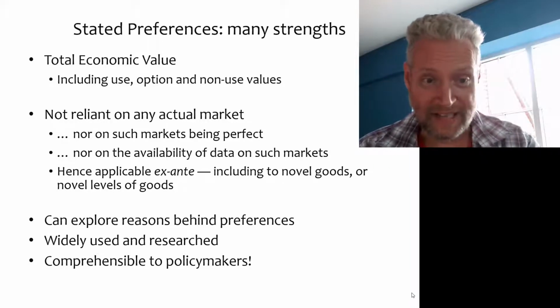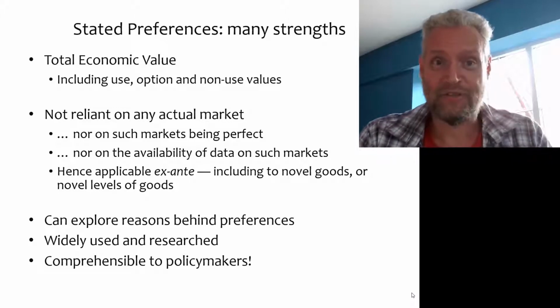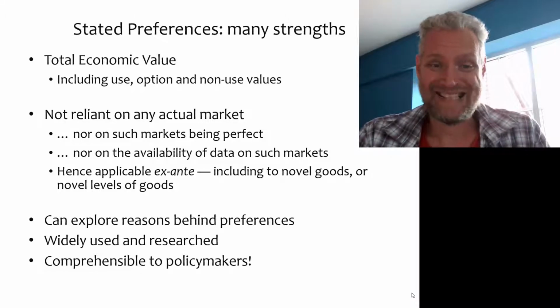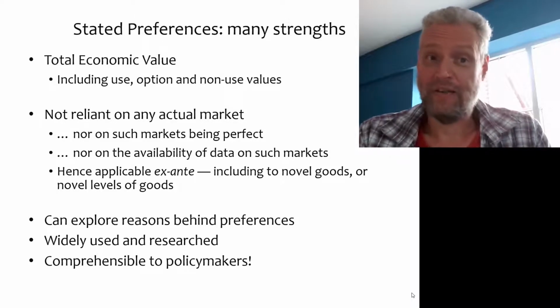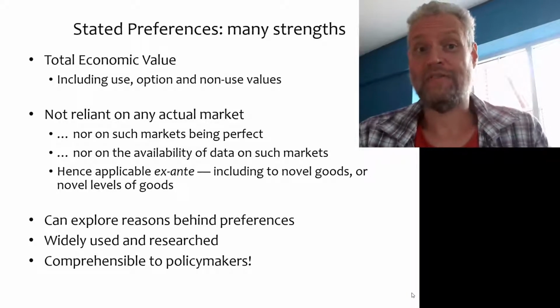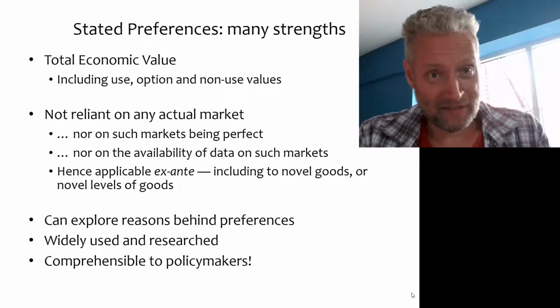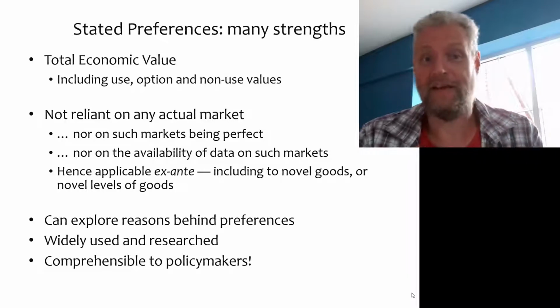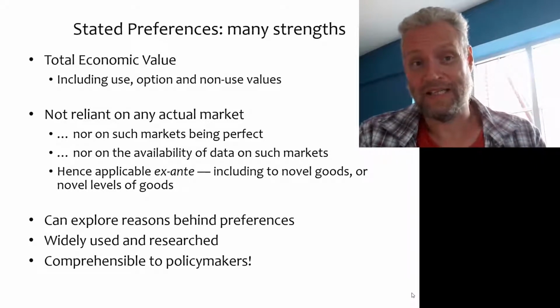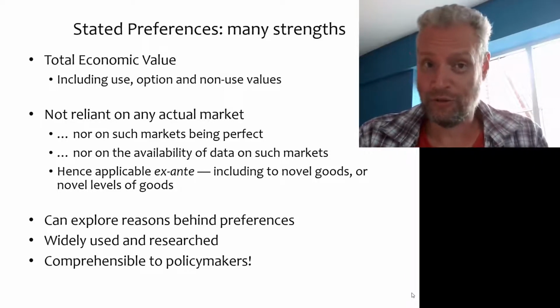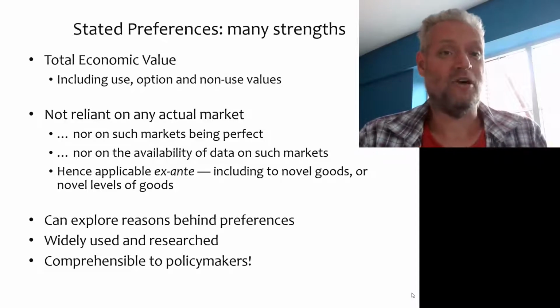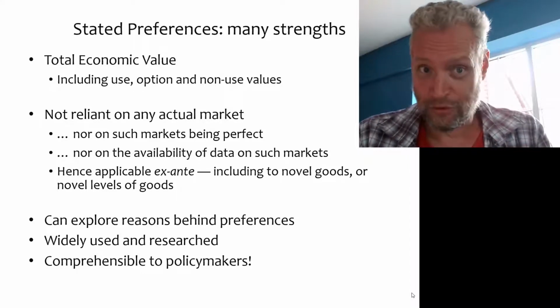And because we're not using actual markets, we can also use these methods for things that haven't happened yet. Stated preference methods can be used ex ante, including for goods that have not been introduced into the market, and that's where the market research comes in. A company may decide to bring a new kind of toothbrush onto the market and wants to know what people are willing to pay for that toothbrush.